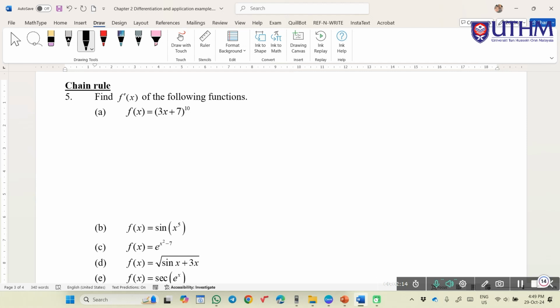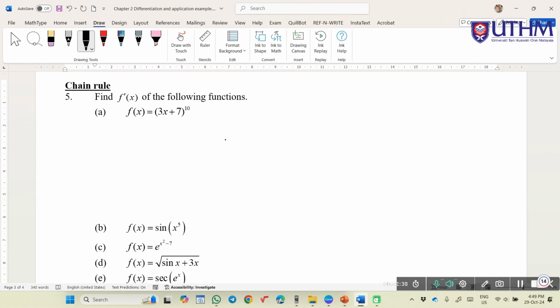We can just differentiate the bracket, then multiply with the differentiation inside the bracket. However, I want to show you how we do the differentiation using the chain rule.